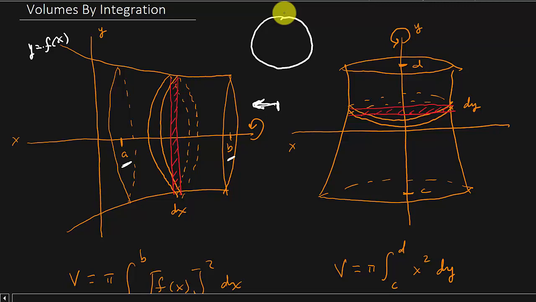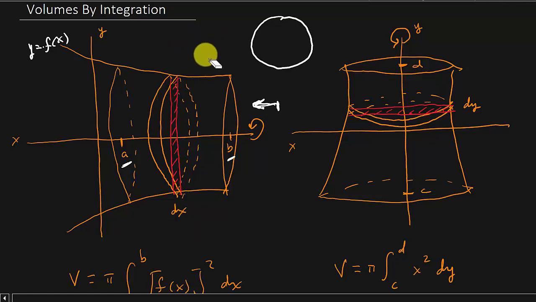So the volume of a disk, you could look at it like this. It's like a cylinder, but the thickness of this cylinder is real small. That thickness is dx.